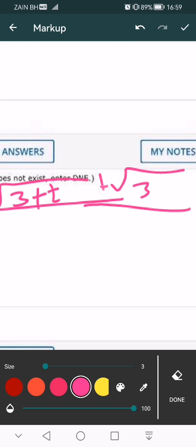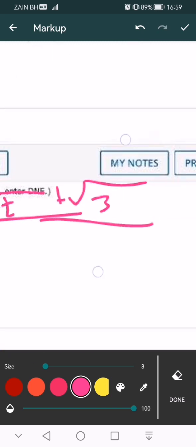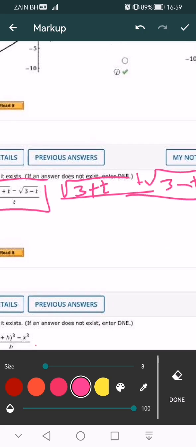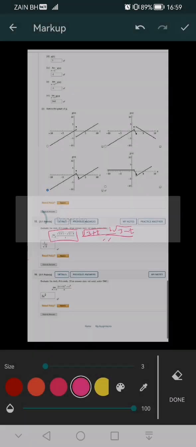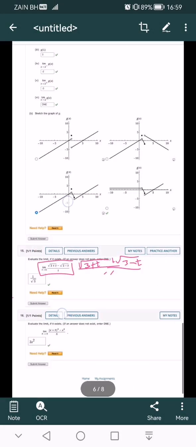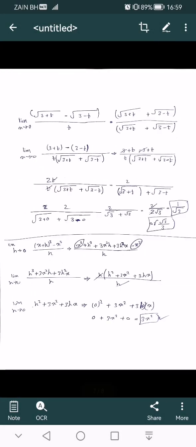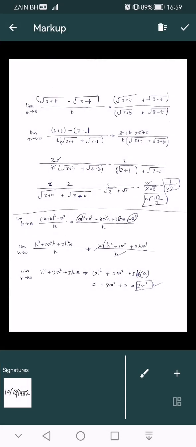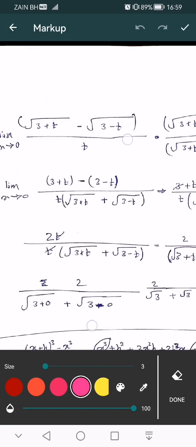If I multiply, I have to multiply by the square root of 3 plus t plus the square root of 3 minus t, so plus and minus. By the way, I prepared the solution for this question, which is the same as I said now.